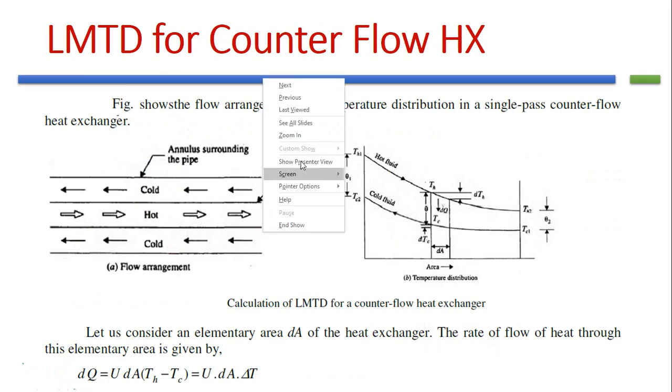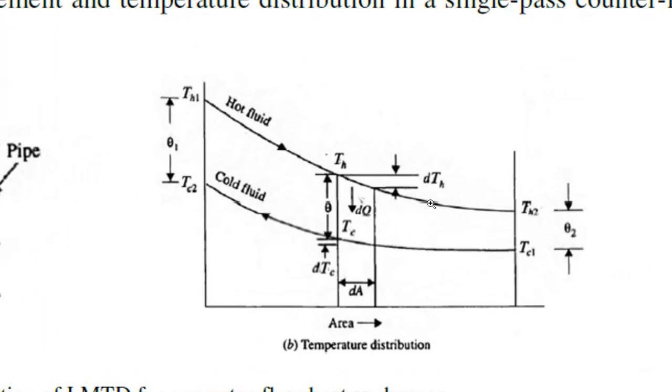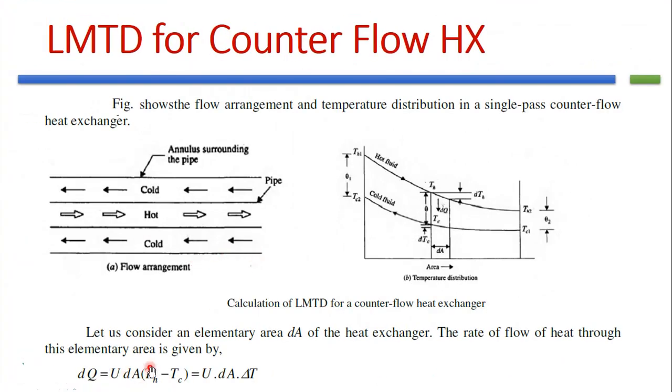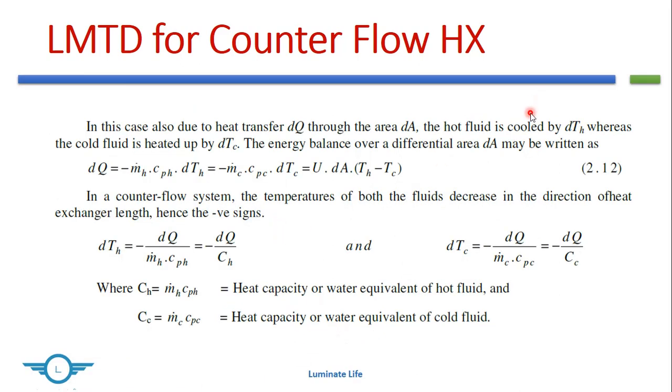The only difference that is going to happen here is in the temperature profile diagram. If we are considering the direction of the heat exchanger, the hot fluid temperature decreases, whereas the cold fluid flows in the opposite direction and its temperature increases. So if you are going to write the equations, the heat transfer in that element dq is the same as U dA (Th minus Tc), which can be written as U dA delta T. Now the difference arises when we are writing the heat transfer for the element.